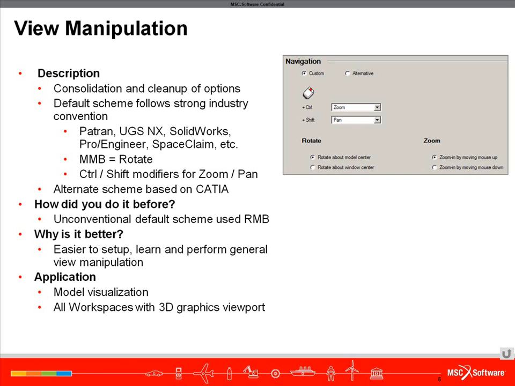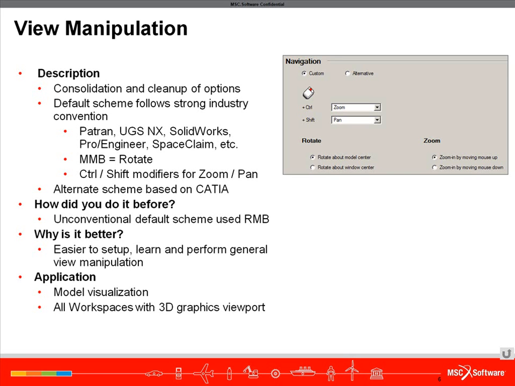Using the available options to set the shift and control modifiers, the default rotation center, and also the zoom direction, we can mimic the gestures for rotate, pan, and zoom of leading CAE and CAD tools such as Patran, UGNX, SolidWorks, Pro Engineer, and SpaceClaim, to name a few applications.